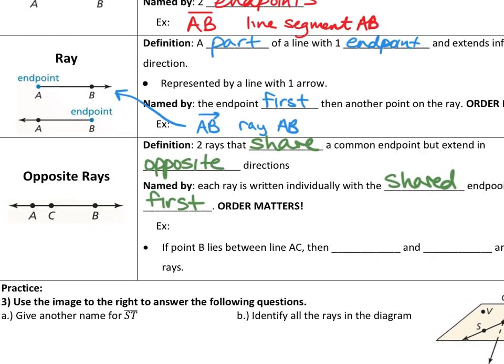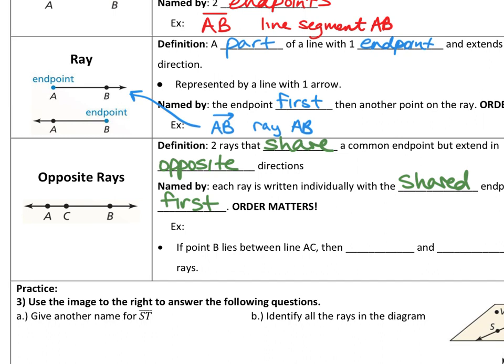But for this one, we'd have to say ray CB and ray CA. Do you see how I put C first for both of them? So it's like a ray that starts here and goes this way, and a ray that starts here and goes that way.